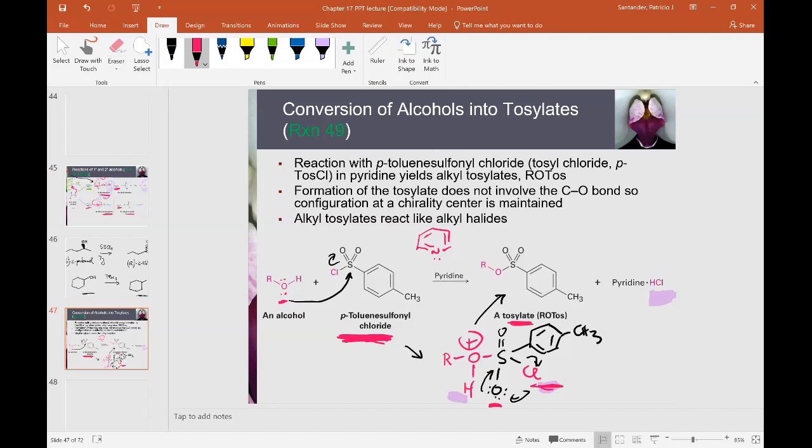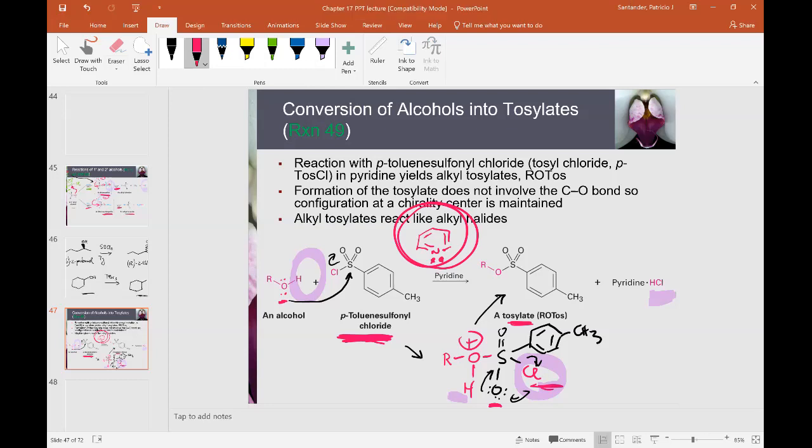And because we are having the loss of a proton here, and we are eliminating also a chloride there, we are producing HCl. That is the reason why we use pyridine in this reaction. Pyridine is right here. Pyridine has some basic properties because the nitrogen has one lone pair of electrons.